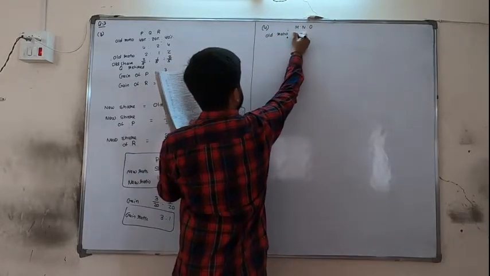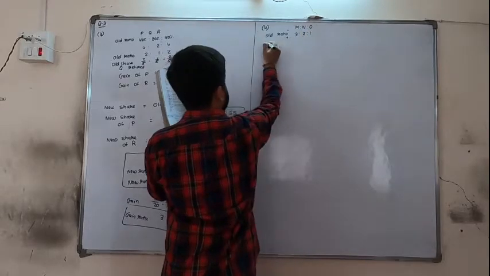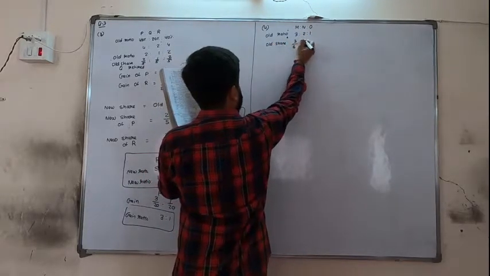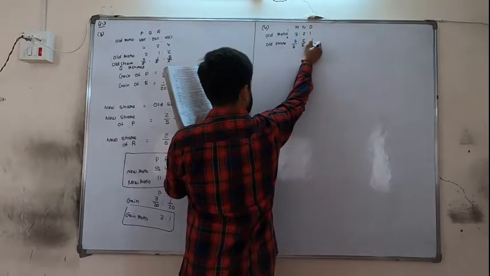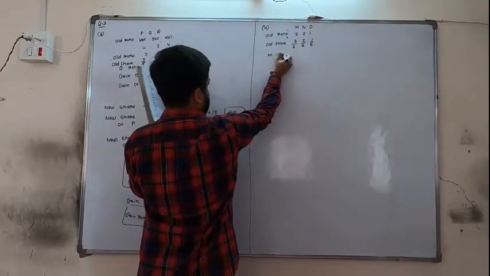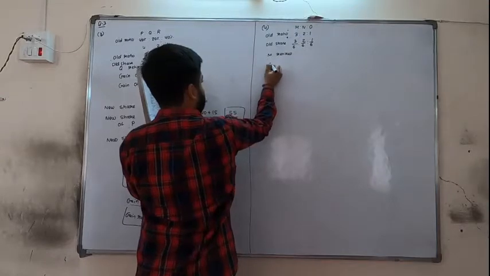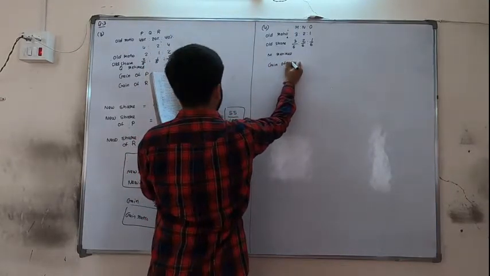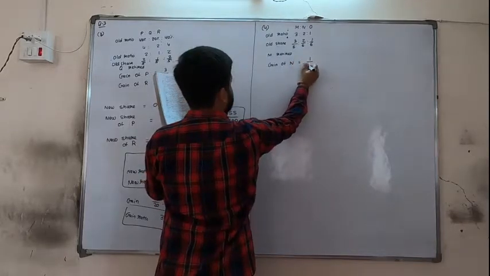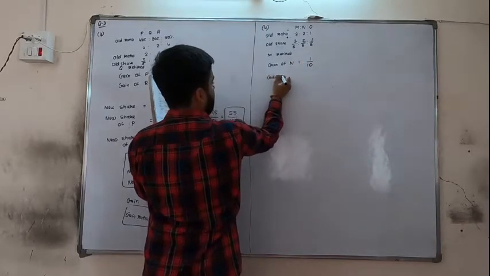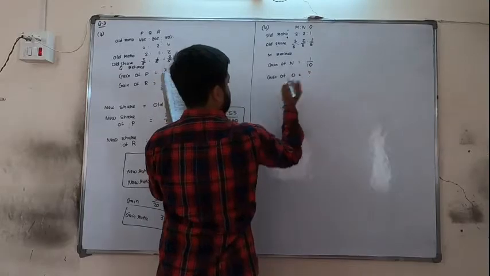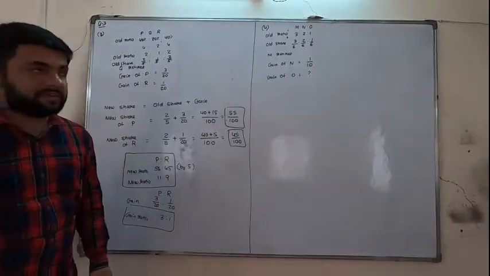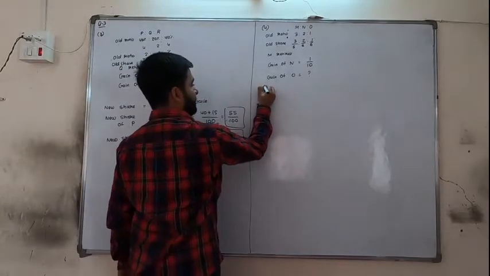Okay? So the name of partners M is to N is to O. Old ratio is 3 is to 2 is to 1. Old share 3 by 6, 2 by 6, 1 by 6. M retires. Gain of N is 1 by 10. Gain of O, question. Now as one partner's gain is not given, we have to put the formula.